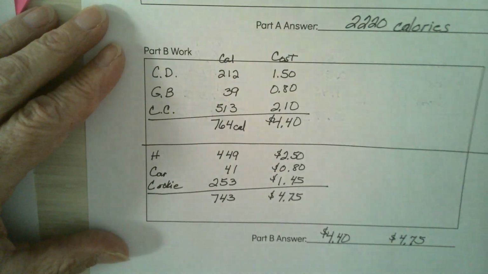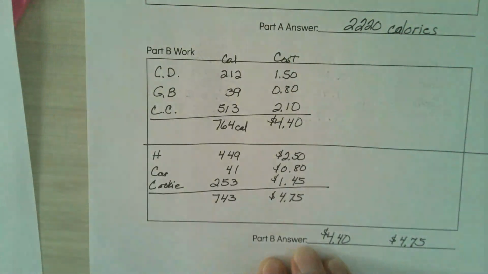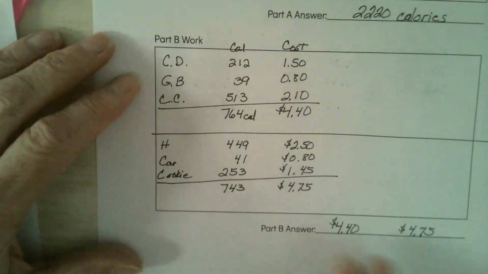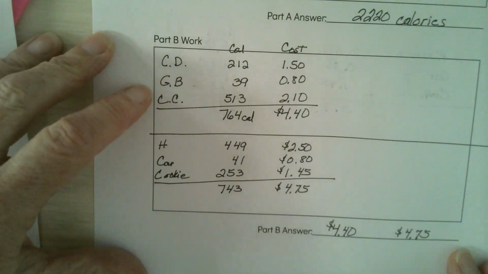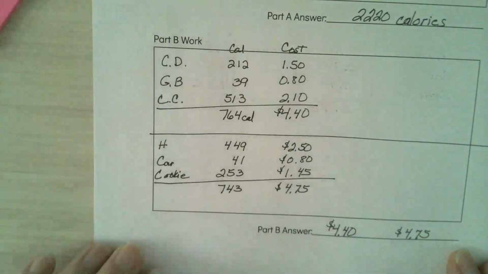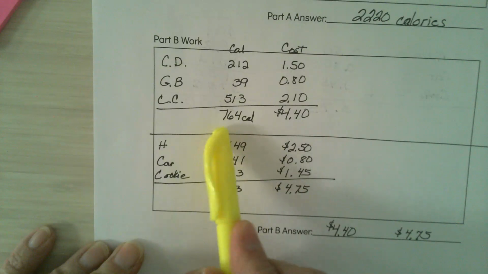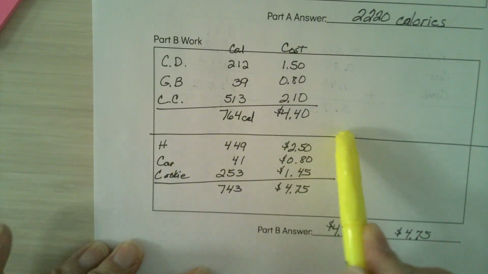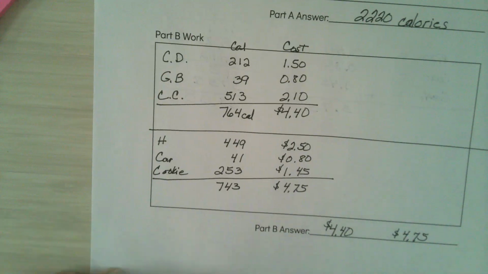For part B, these were my menus. I have 2 of them. My first menu, I have corn dog, green beans, and chocolate cake. It's 764 calories and $4.40.